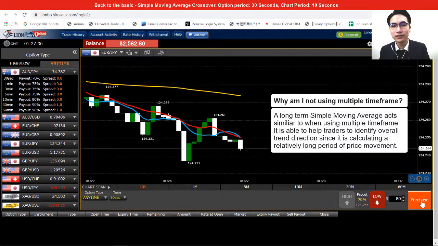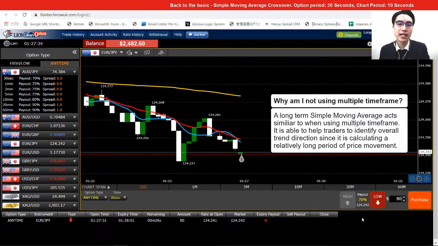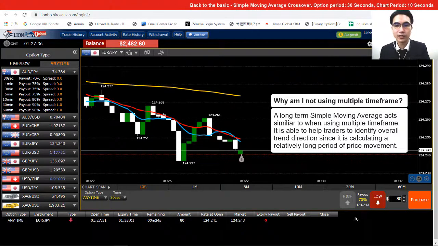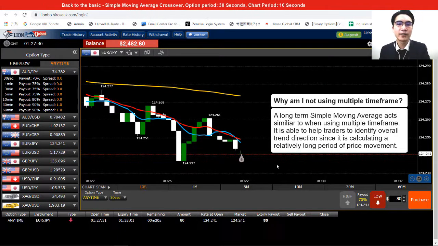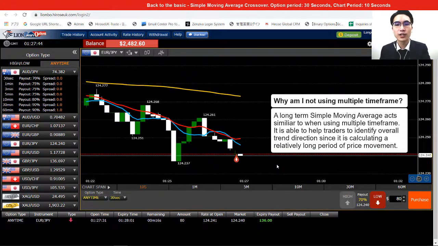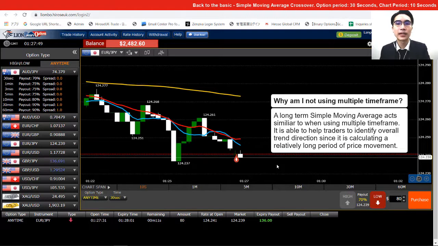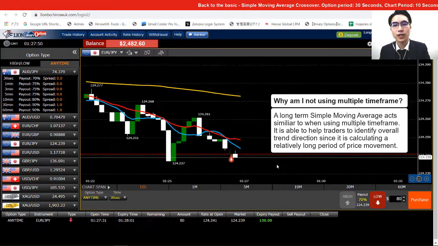That's quite a long time, and for me it's enough to identify the overall trend direction. It's basically the same as using 2 time frames at the same time; this yellow simple moving average is reliable enough for me to identify the overall trend direction.